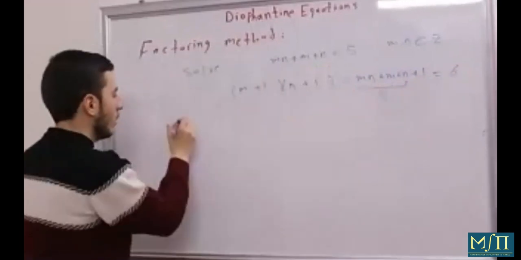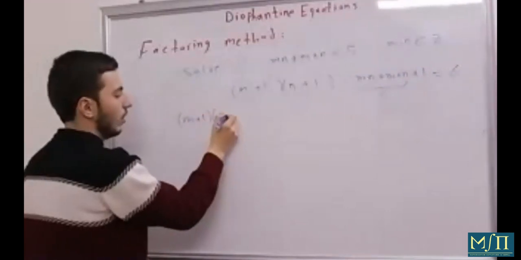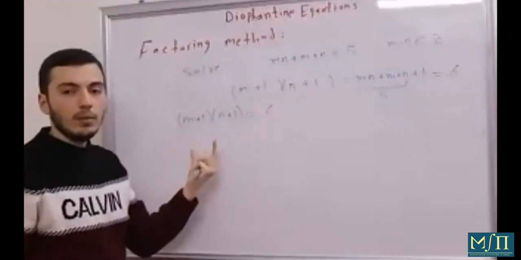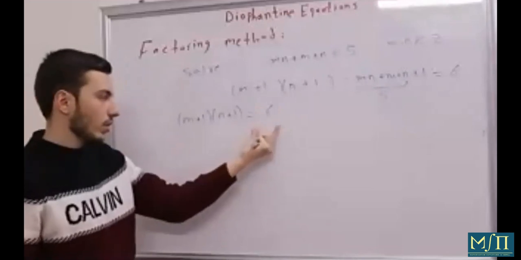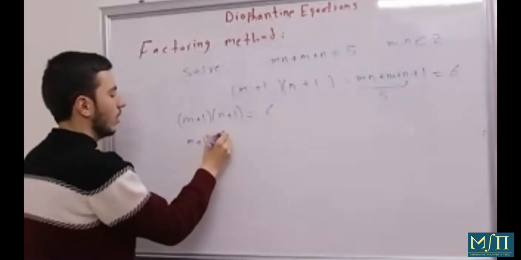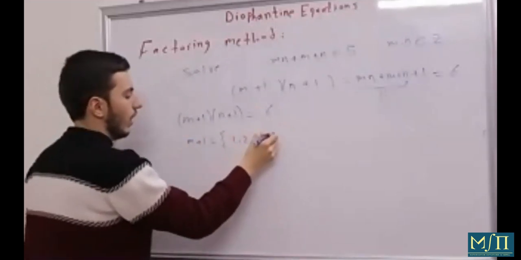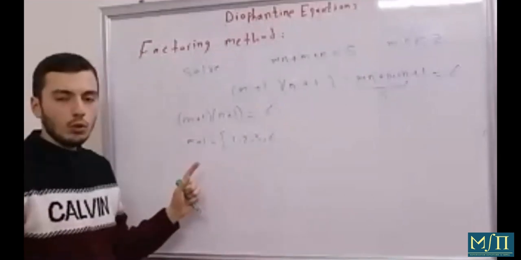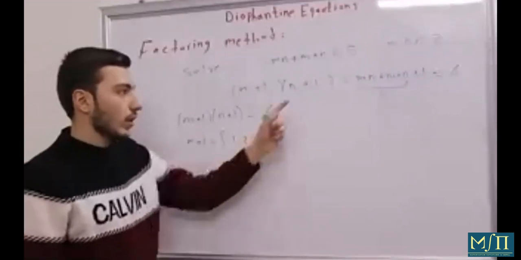So now we have factorized the left-hand side. We have simply m plus 1 times n plus 1 equals 6. So now we can discuss just the divisors of 6. So we can write m plus 1 equals 1, 2, 3, and 6. But I want to mention something very important: we are told to solve it on integers, right?